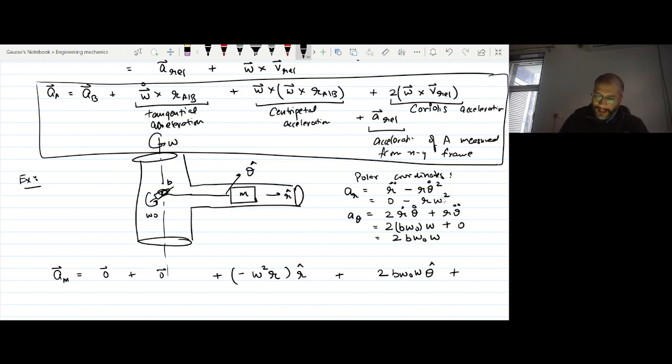And then A_rel is 0 because if you are sitting in the rotating frame, you will see that the mass is going away from you at a constant speed. So this term is also 0. So we see that the acceleration of the mass is minus omega squared r in the r hat direction and 2b omega naught omega in the theta hat direction. This is exactly the same as what we had got using the initial discussion.